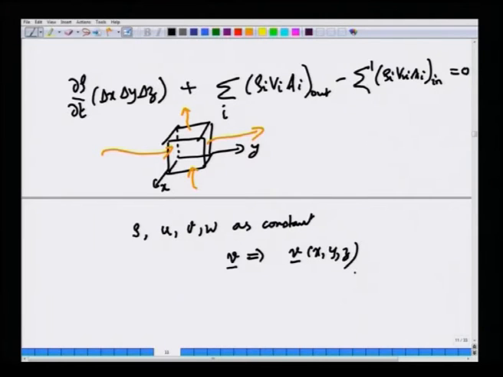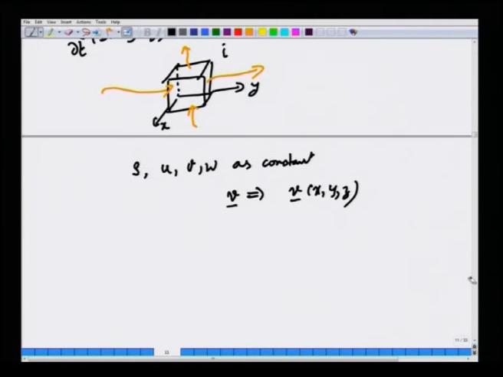We have to allow for velocity variations in general. There is no need for velocity to be constant at various points in the flow. This is as per the continuum hypothesis. So, when we do that, let us try to write the flux terms at face x.